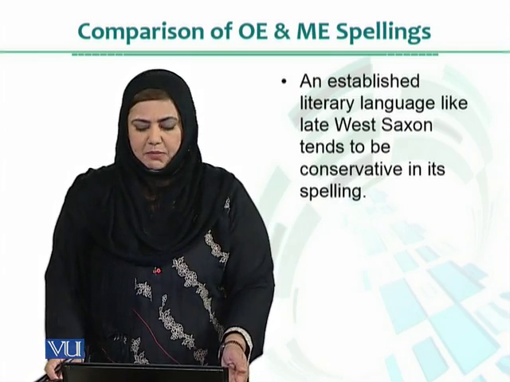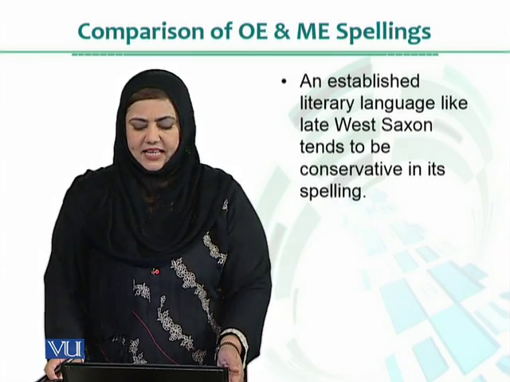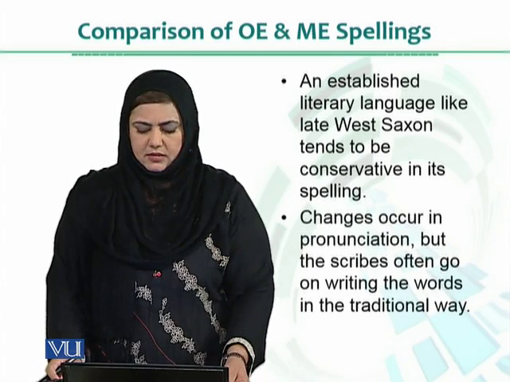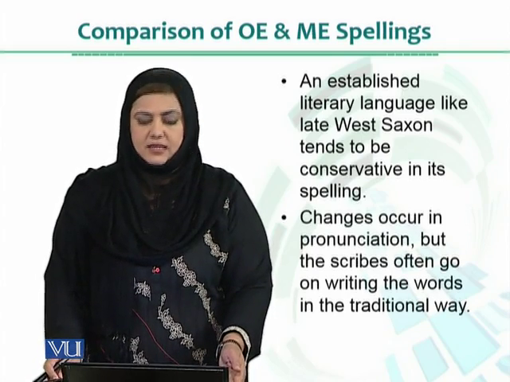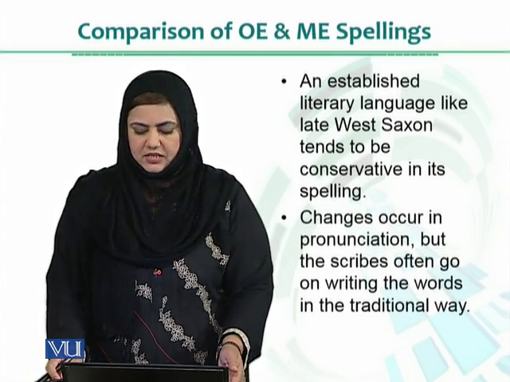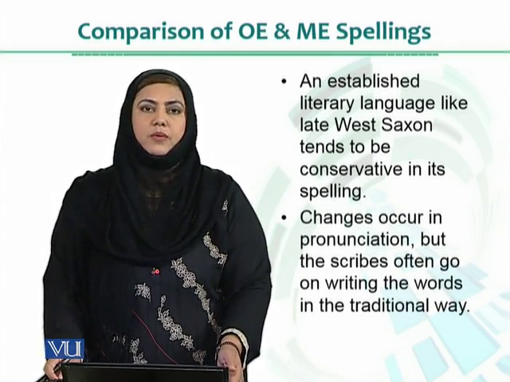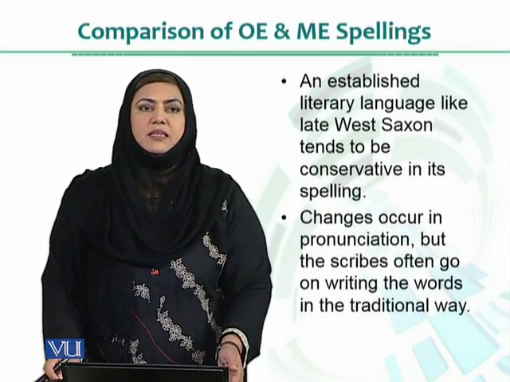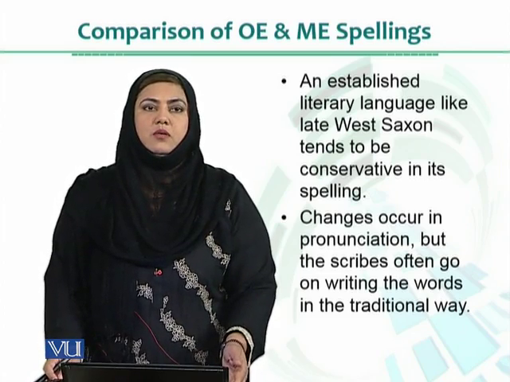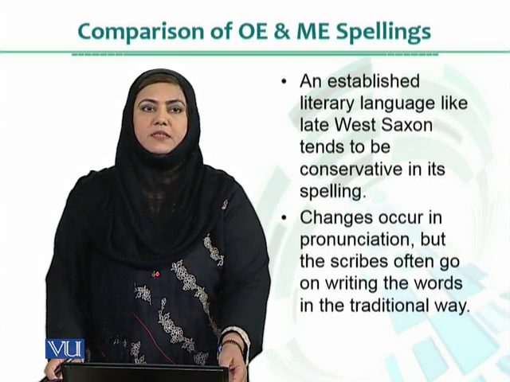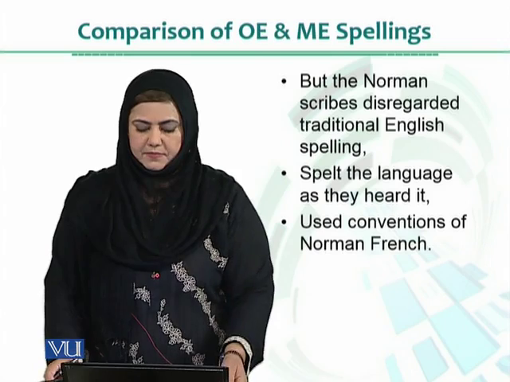An already established literary language like West Saxon tends to be conservative in its spellings. Changes occur in it in terms of pronunciation, but the scribes often go on writing the words in the traditional way. The scribes are the writers who write the narratives and all the kind of stuff that they record.